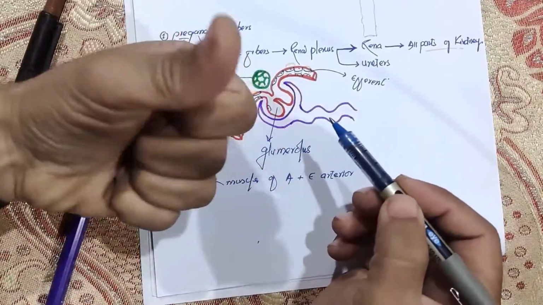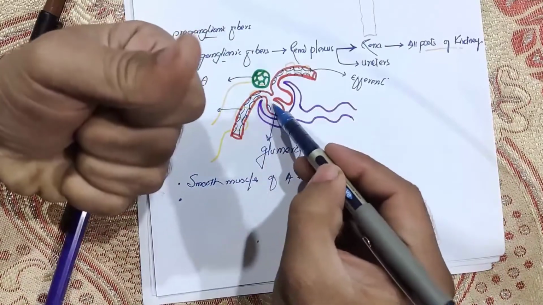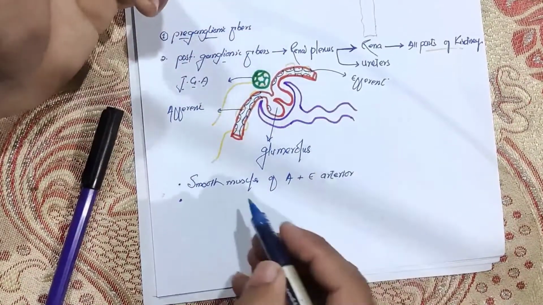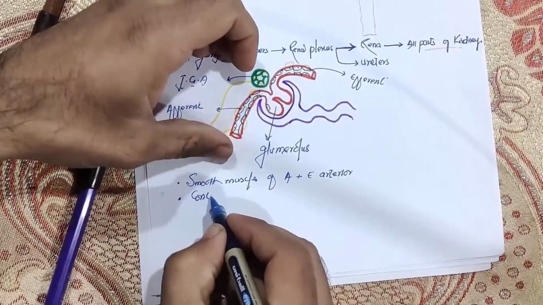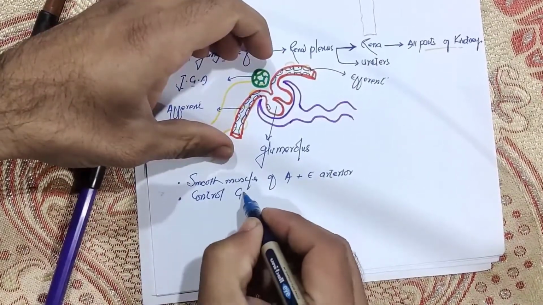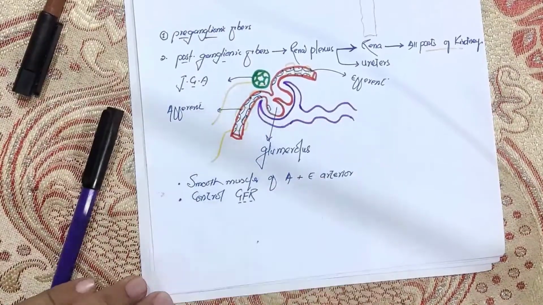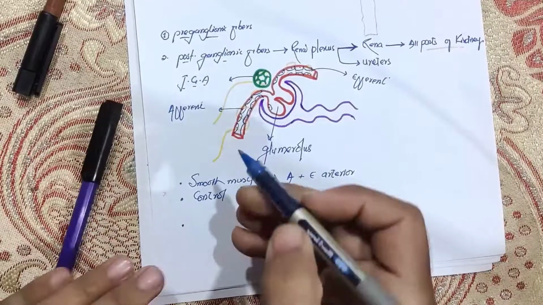Listen carefully, when the smooth muscles of afferent and efferent arterioles are supplied, they squeeze, right? When they squeeze, what happens? They control the GFR, glomerular filtration rate. You know better about glomerular filtration rate.